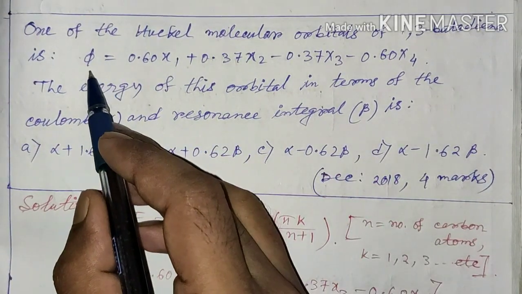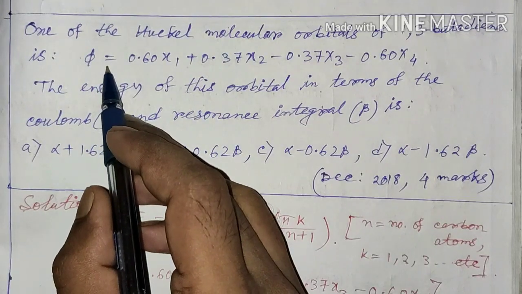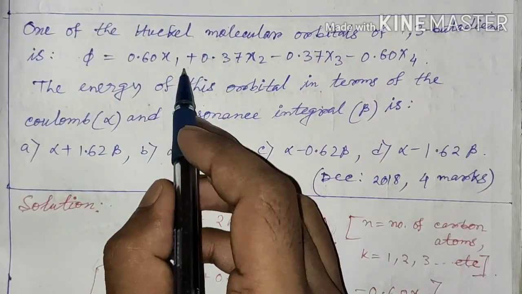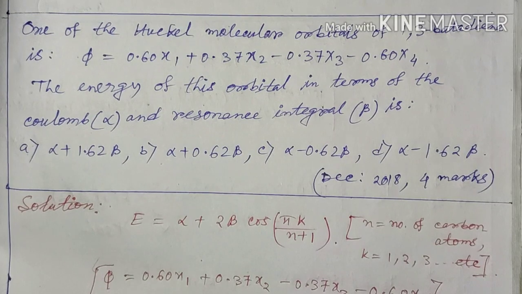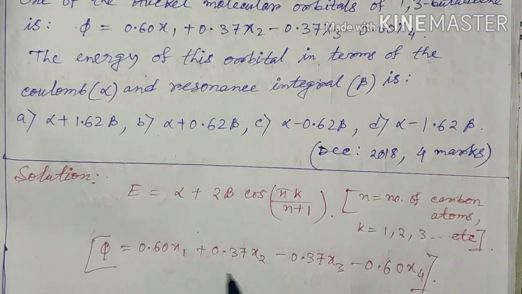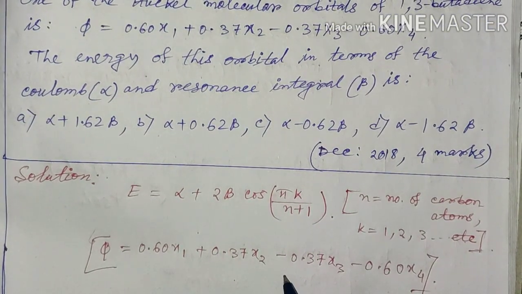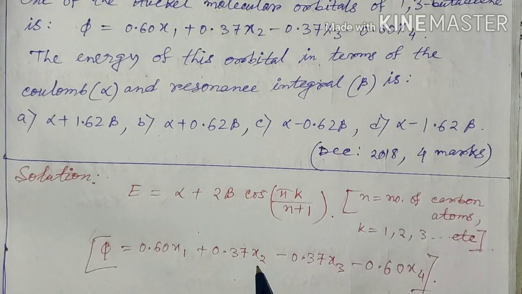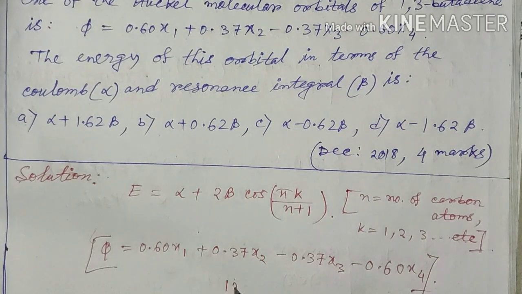Now from the given molecular orbital configuration, we can see that for this molecular orbital there is only one node.